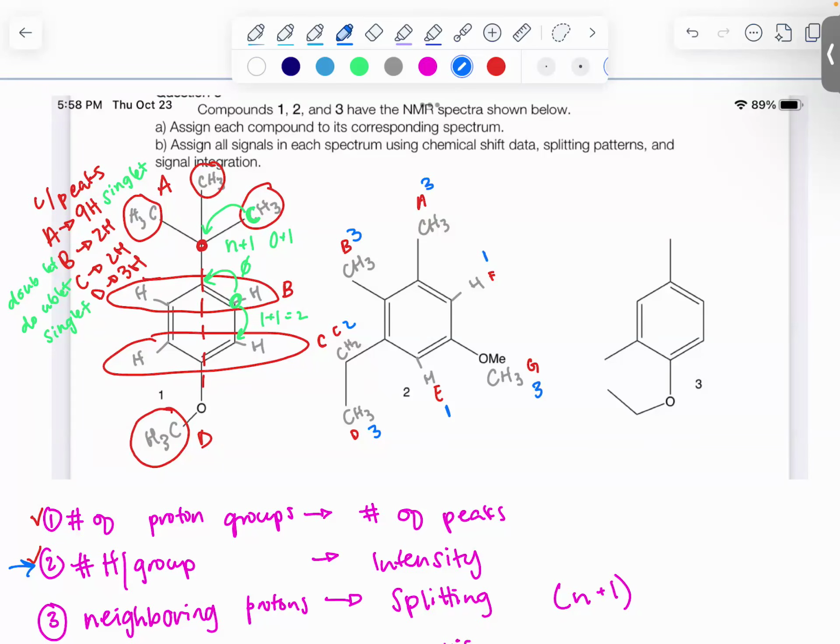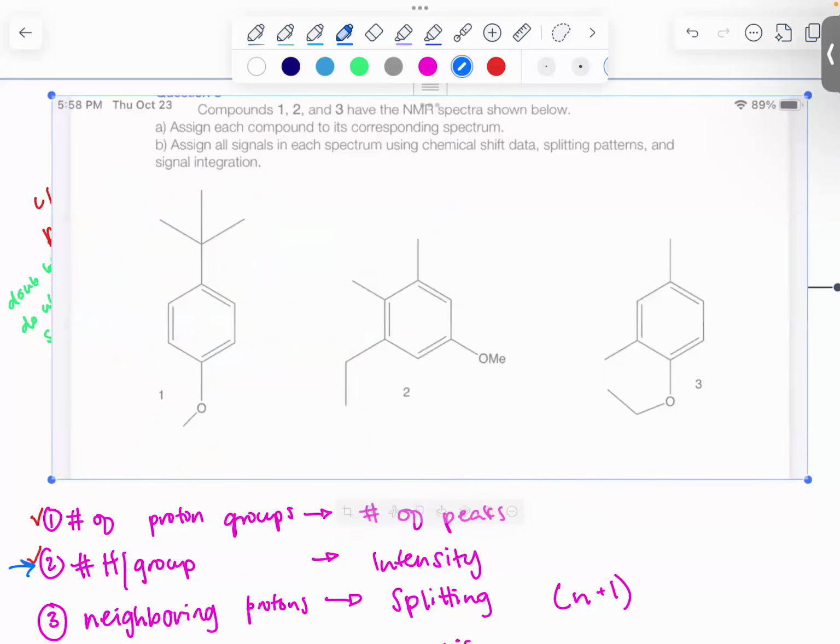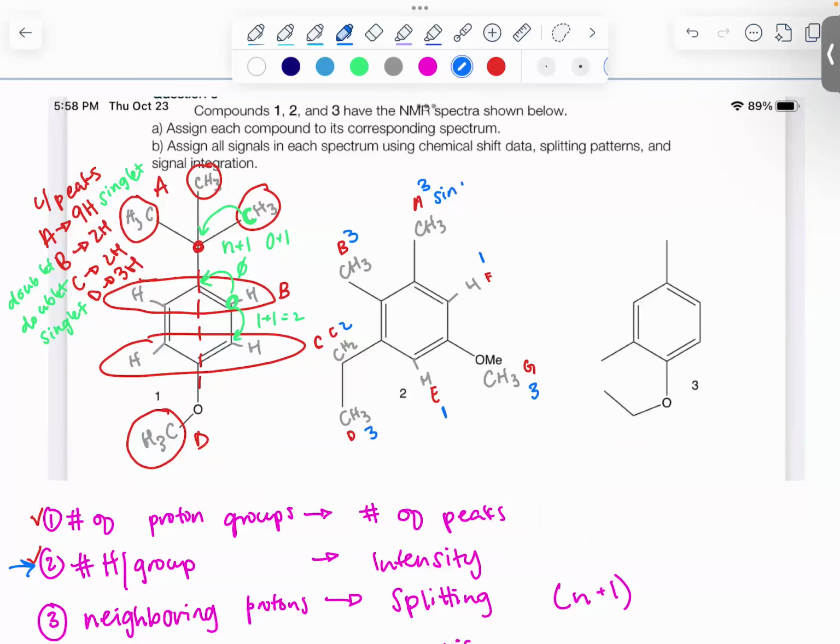So now we can look at neighboring. Does A have any neighbors? No. So what peak do we expect it to be? What about B? What about C? A quartet, yes.